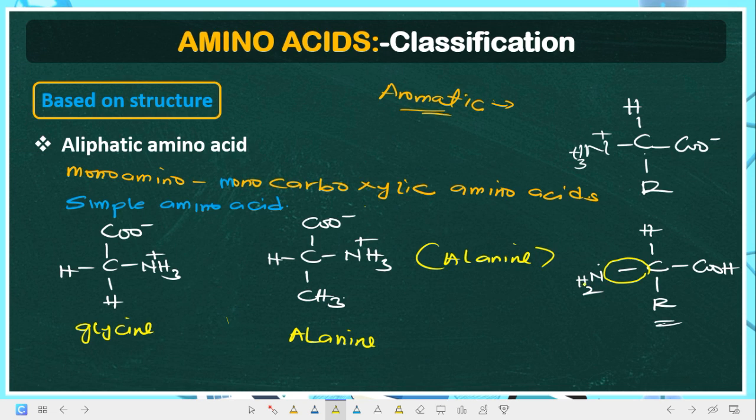H2N is still the same thing as NH2, which is the amine functional group.